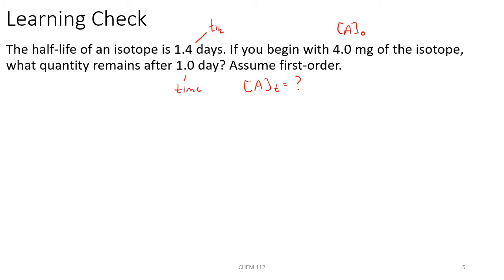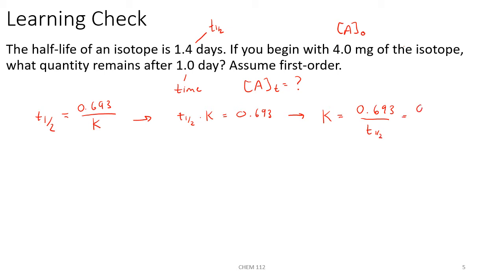So we're going to have to start with our T1/2 equation in this case, because we were not given a K. We don't know the rate constant. So T1/2 equals 0.693 divided by K. We can rearrange and say that T1/2 times K would equal 0.693. And then if we solve for K, the rate law constant will be equal to 0.693 divided by T1/2.